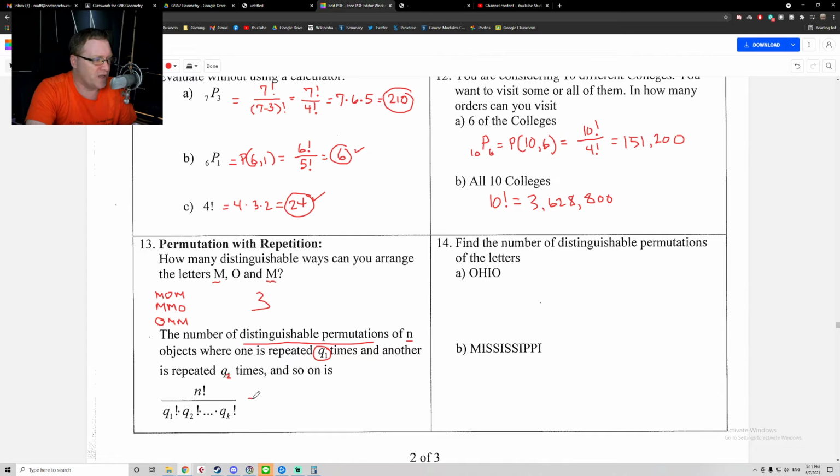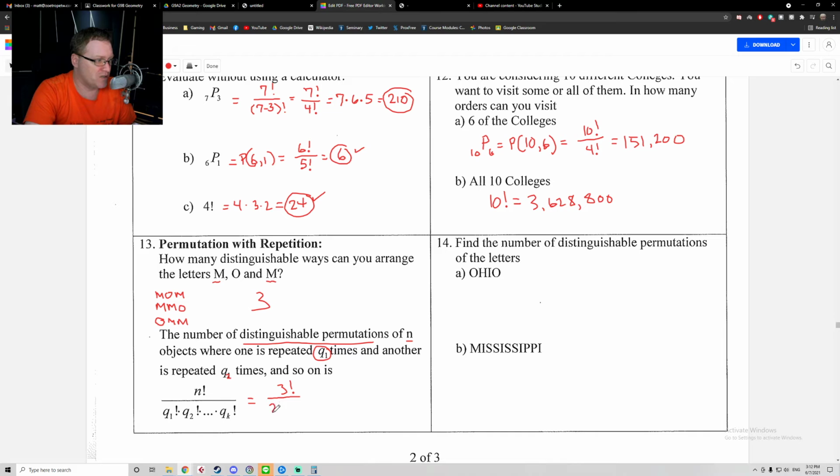Well, in this case, with MOM, what it means is that we have 3 things, so we're going to put 3 on top. But then on the bottom, we're going to write how many times each of them repeats. So the M, how many times does it repeat? 2. There are 2 M's.